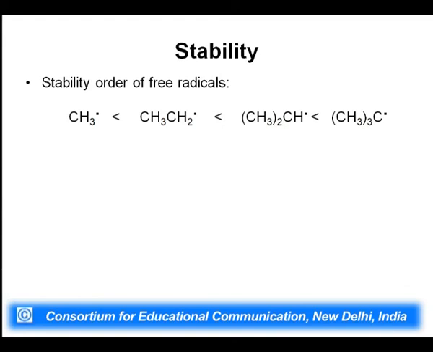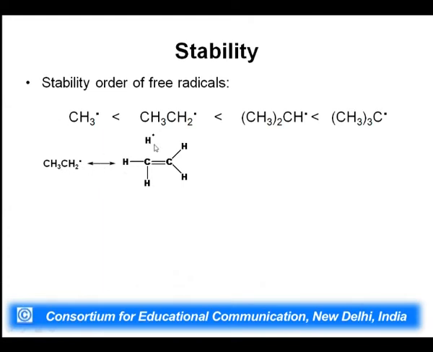Again we have done it in the hyperconjugative part. I am taking an example of the ethyl radical because the methyl radical does not undergo hyperconjugation because of the absence of a carbon-carbon bond.